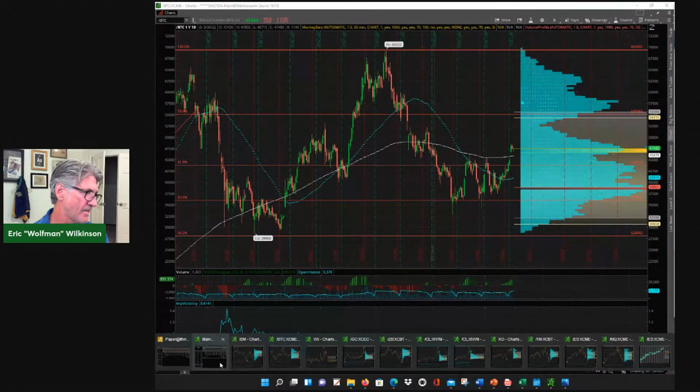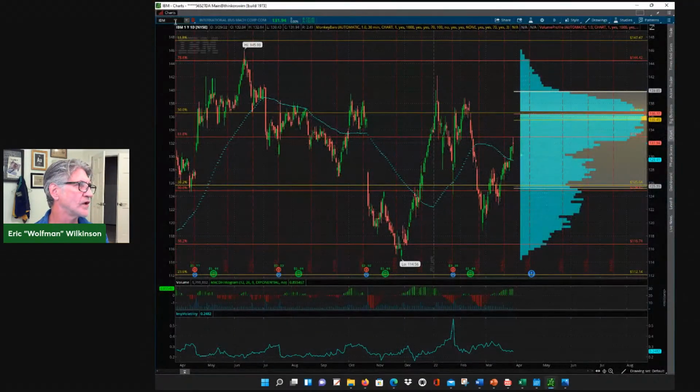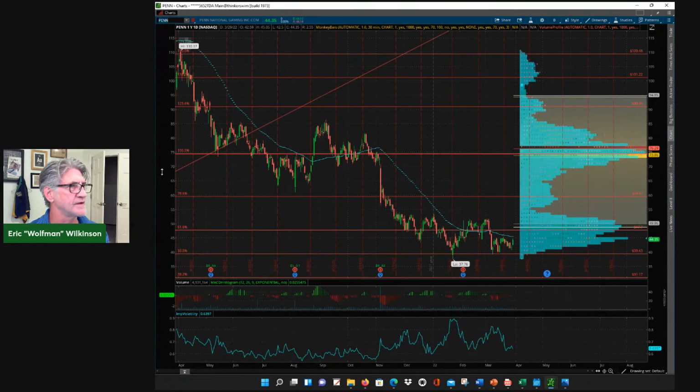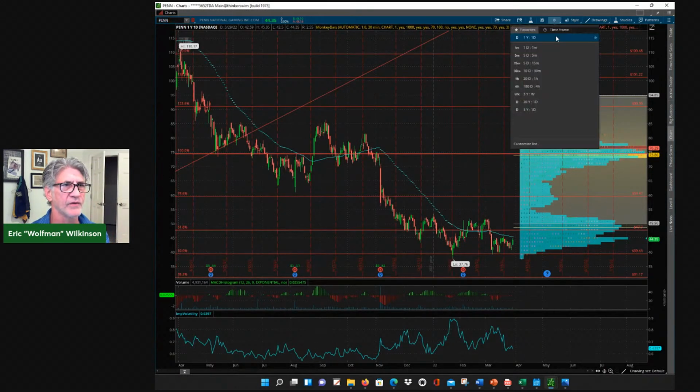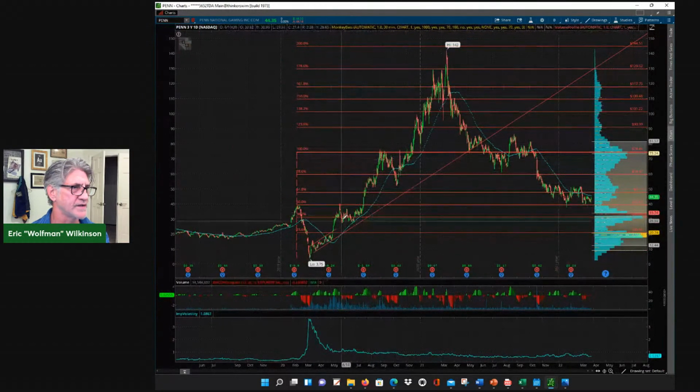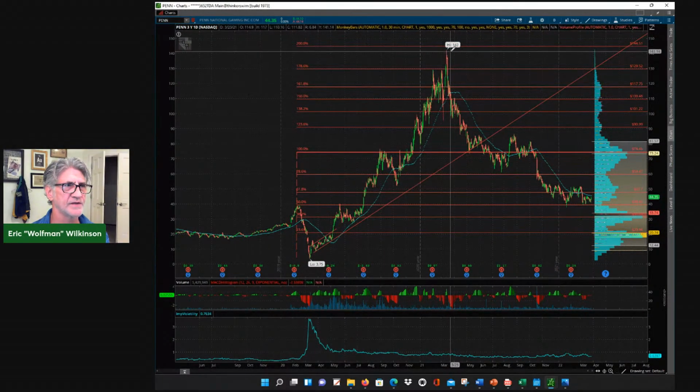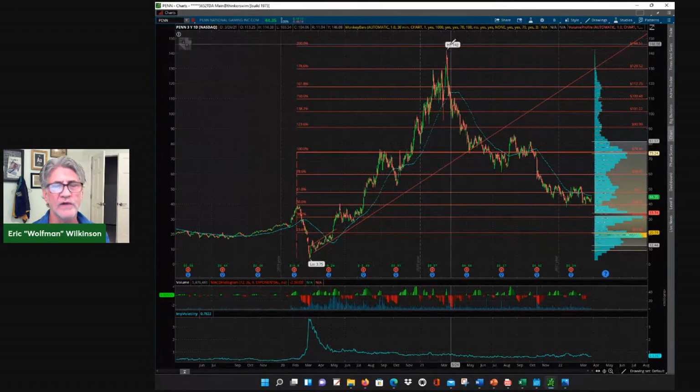Let's look at PEN real quick. So, for instance, PEN, if we go to like a 3-year chart of this, we could see that had you bought on this low, your capital gains could have been all the way up to 142 on your unrealized capital gains, from 4 to 142.